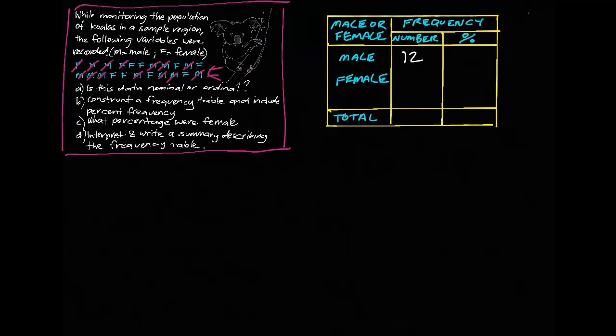So 1, 2, 3, 4, 5, 6, 7, 8, 9, 10. So let's put 10 there. Now just to make sure you didn't miss any, count the total. You should get 22. So 1, 2, 3, 4, 5, 6, 7, 8, 9, 10, 11, 12, 13, 14, 15, 16, 17, 18, 19, 20, 21, 22.